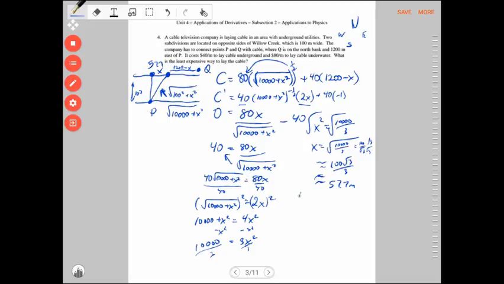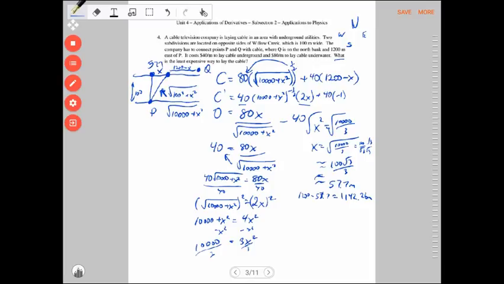That's going to be 1,200 minus 57.7, so they're going to have to lay 1,142.3 meters underground. And really, all that's asking is what is the least expensive way.